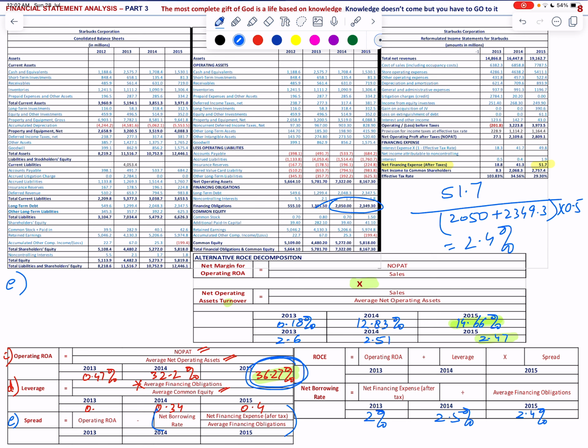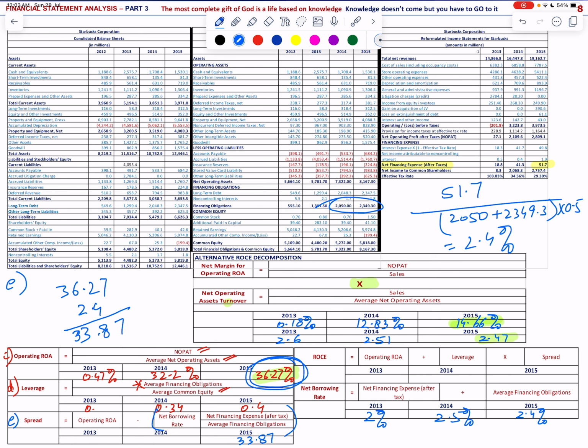From this 36.27 we are going to subtract the net borrowing rate, that is 2.4. 36.27 minus 2.4 will be 33.87.